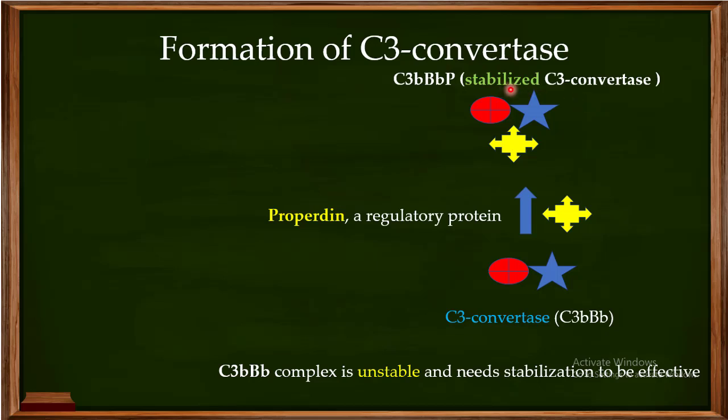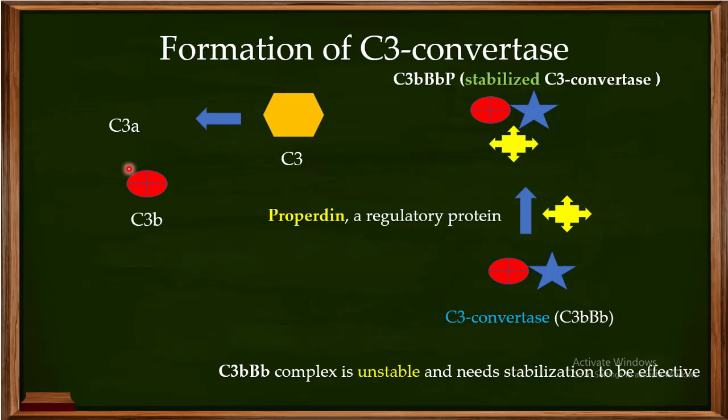You can see this stabilized C3 convertase in the form of C3b, Bb, and P. This stabilized C3 convertase is now able to act on the C3, and when it acts on the C3, it cleaves it into the C3a and the C3b, as I have represented the C3b that was spontaneously generated by this image.